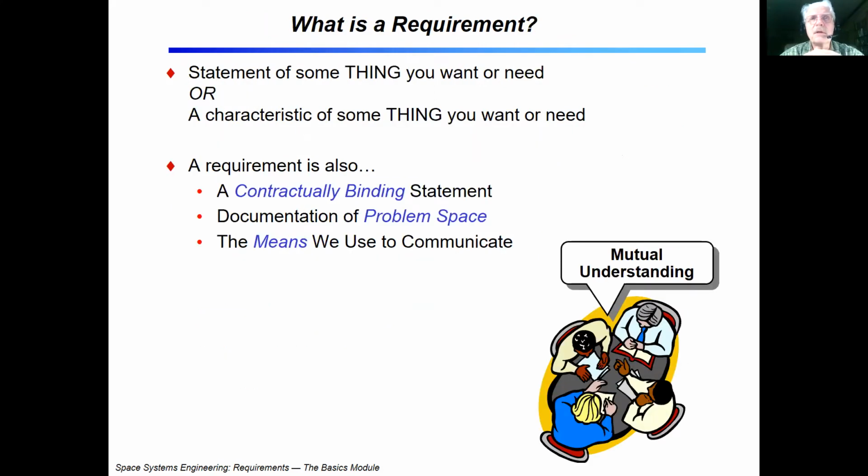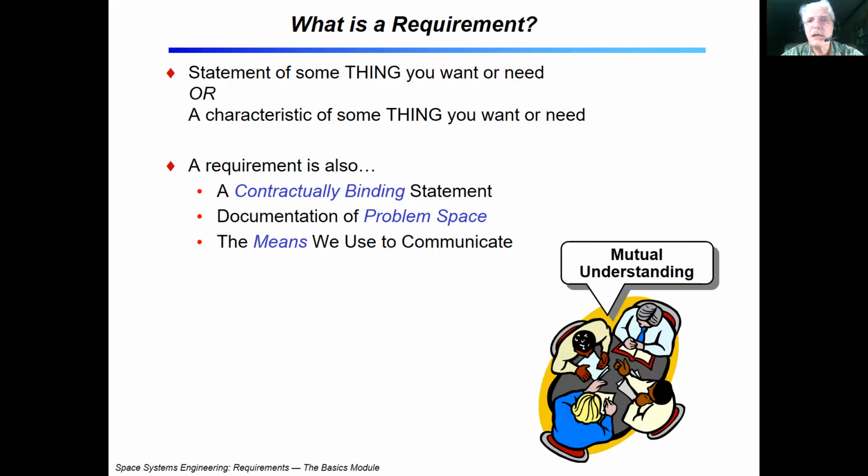So it's important that one spend time developing the project requirements. So what is a requirement? Well, it is a statement of something you want or need, or a characteristic of something you want or need. That requirement is a contract.